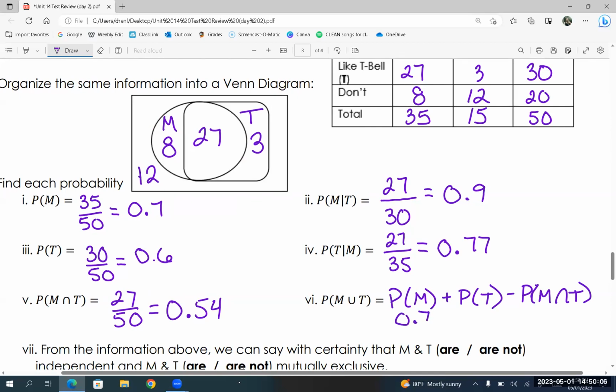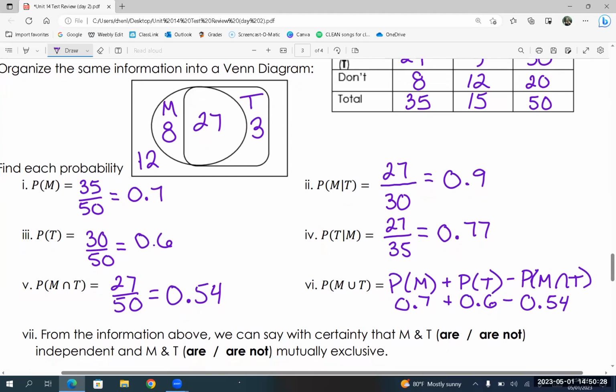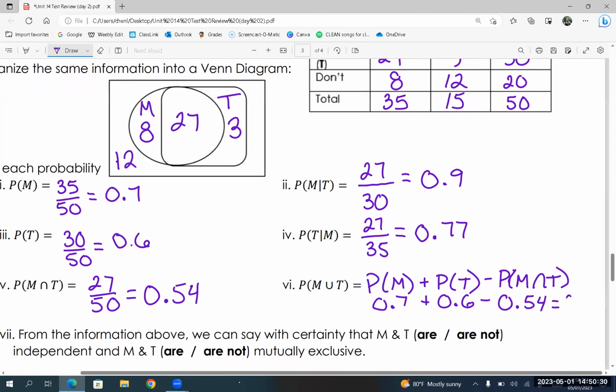Liking Taco Bell was 0.6, minus the probability of liking McDonald's and Taco Bell, which was 0.54. So we have 0.7 plus 0.6 minus 0.54, and we get 0.76.